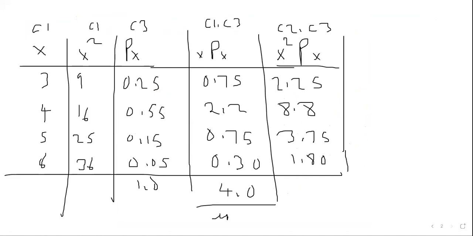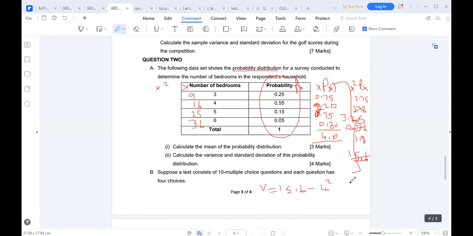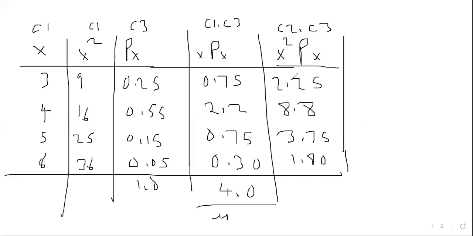When we add all this, 2.25 plus 8.8 plus 3.75 plus 1.8, we get 16.6.